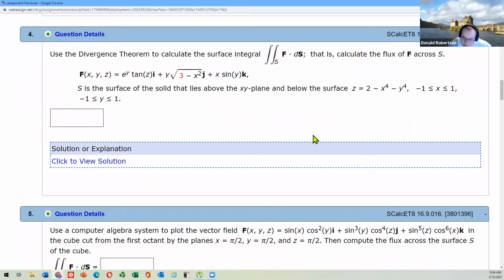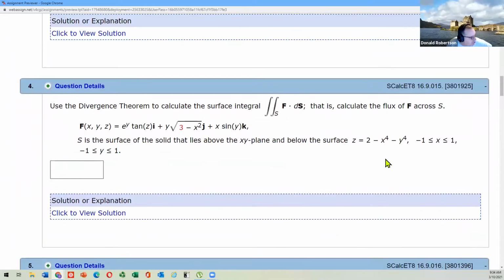No one seems... Would we be using spherical coordinates for this? Would you? Looking at that z, that 2 minus x to the 4th minus y to the 4th. If it was 2 minus x squared minus y squared, I'd probably be more inclined. But the fact that the x's are to the fourth and the y's are to the fourth doesn't really lend itself to spherical.